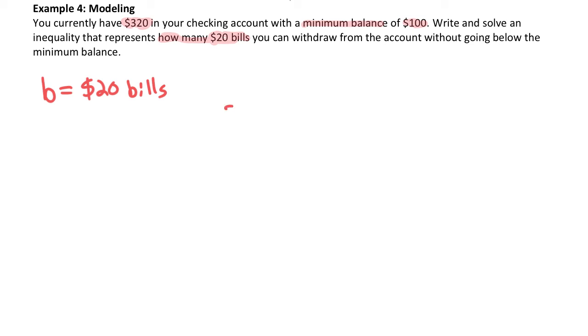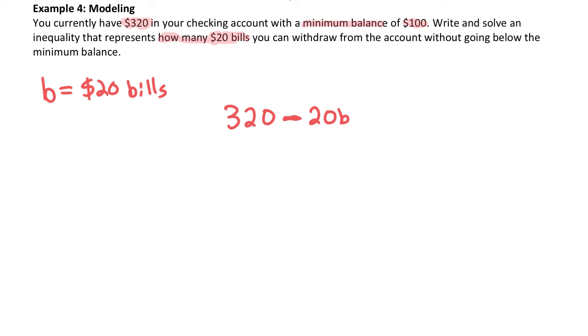So I'm going to start with $320. And since I'm taking out bills 20 at a time, I would subtract. And the expression for the amount of money I withdraw would be 20 times b. Because if I withdraw one $20 bill, I took out 20. If I withdraw two, I took out 40. If I withdraw 5, I took out 100.